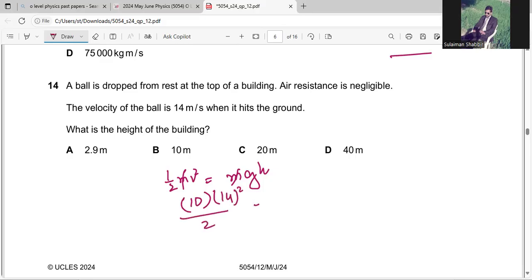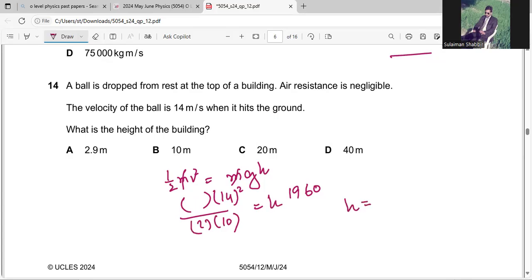So it is 14 squared over 2, which is 196. Am I taking this right? No, 10 should be down and 2 should be up, so 2 is also down and 10 is also down to get the h value.